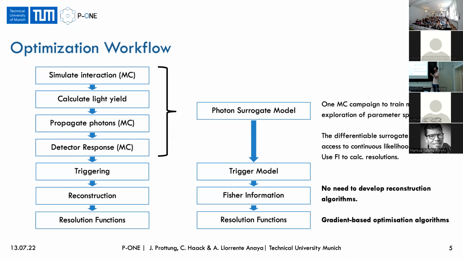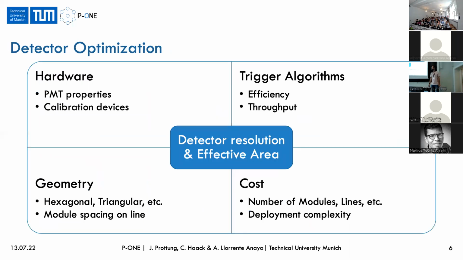So this is the optimization workflow, but when building a detector, what can we actually optimize? This is spread up in 4 dimensions. We have the hardware, so the PMT properties, and how to calibrate the different modules. We have the algorithms, so the more efficient the trigger is, the better we can save the data that we need.